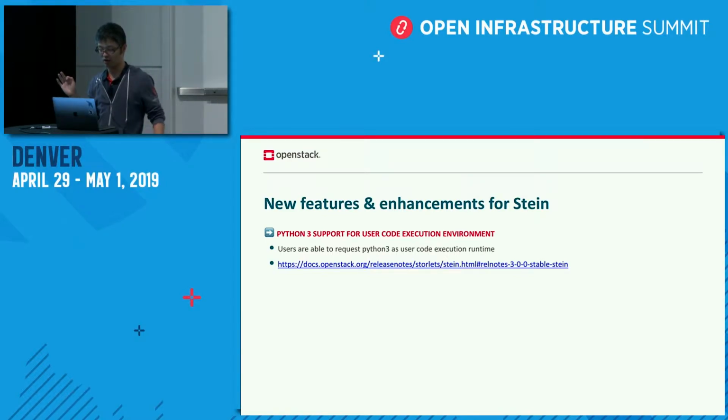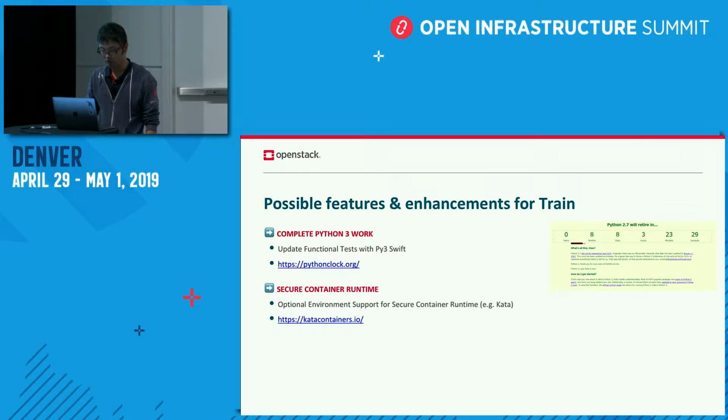So users don't have to mind code compatibility between the Python runtime versions when making a Storlets application written in Python. However, in the Train cycle, we still have some homework for Python 3. As you might know, the Swift that Storlets depends on is still working on Python 3 compatibility at the server layer.